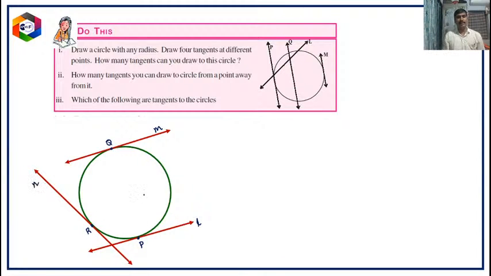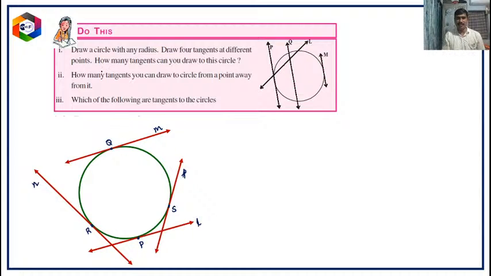This I named as N. This side I have taken one more. L, M, N, and another line P. Suppose at any point it may touch the circle, then we can call it a tangent.